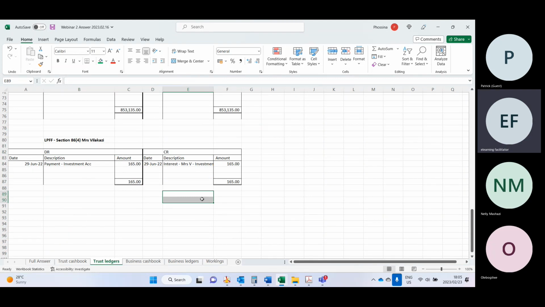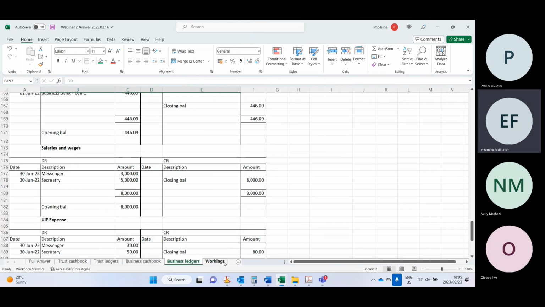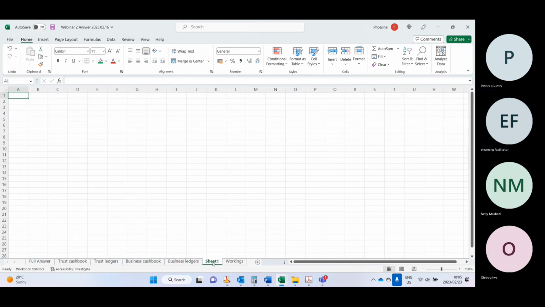So if you will need that illustration of a trial balance, then you will let me know. A trial balance, basically, let's do it.